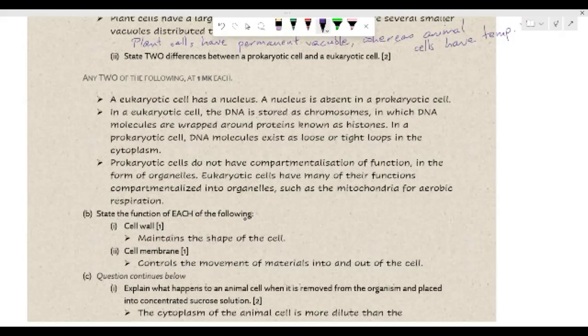All right. In a eukaryotic cell, DNA is stored as chromosomes, right? So in the eukaryotic cell, the DNA is wrapped up in these proteins, right? And then organized into these chromosomes. So it's a lot more organized and compartmentalized, right?